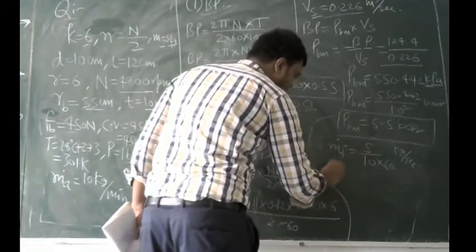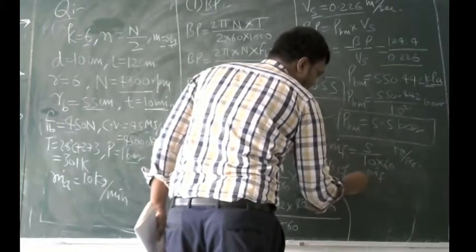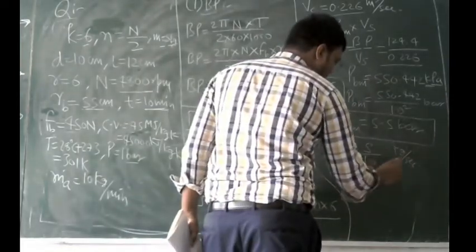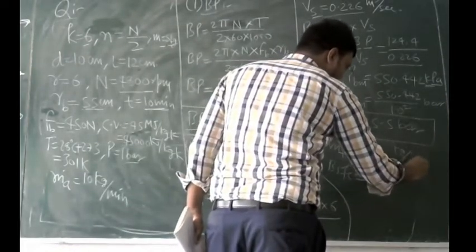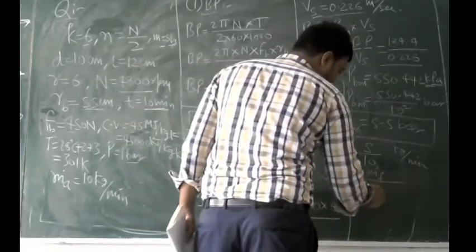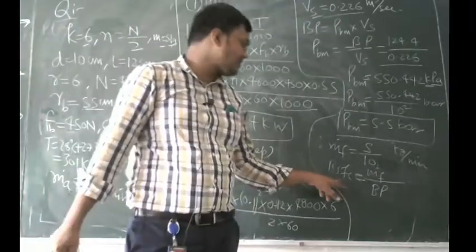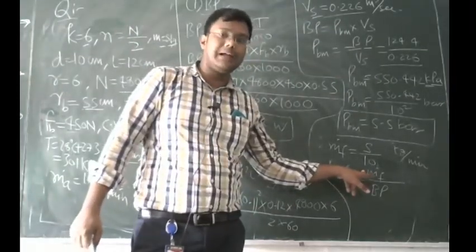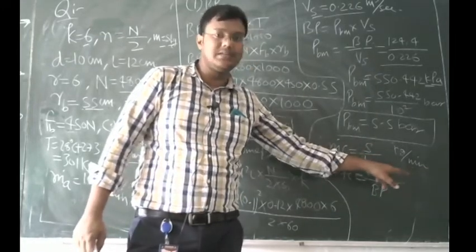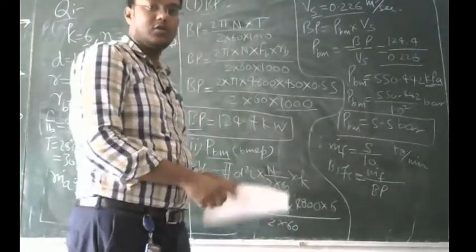Now BSFC is equal to m dot f divided by brake power. But in BSFC, m dot f should be in kilogram per hour. So this 5 by 10 kilogram per minute should be changed to kilogram per hour, so we multiply by 60.